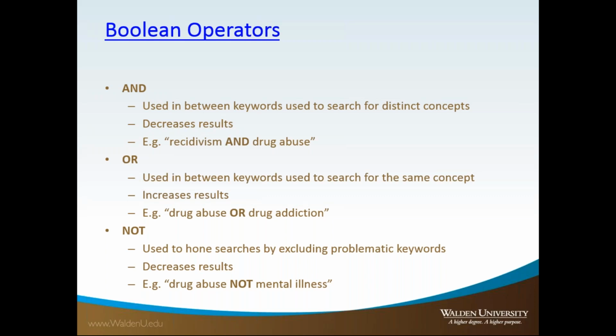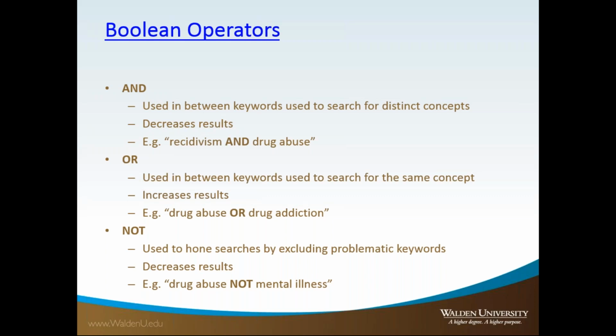Not, on the other hand, is used less frequently than and or. It is used to hone searches by excluding problematic keywords, and you may never encounter this issue, but for some topics, when you're searching for information on your topic, there might be some word in there that is returning a bunch of irrelevant results or results from irrelevant subject areas.